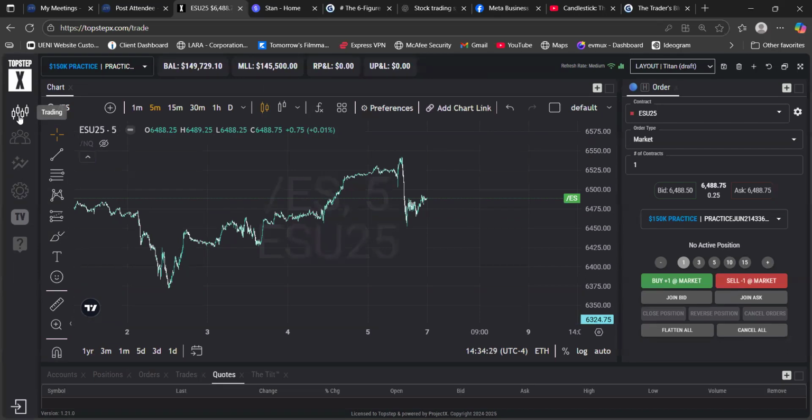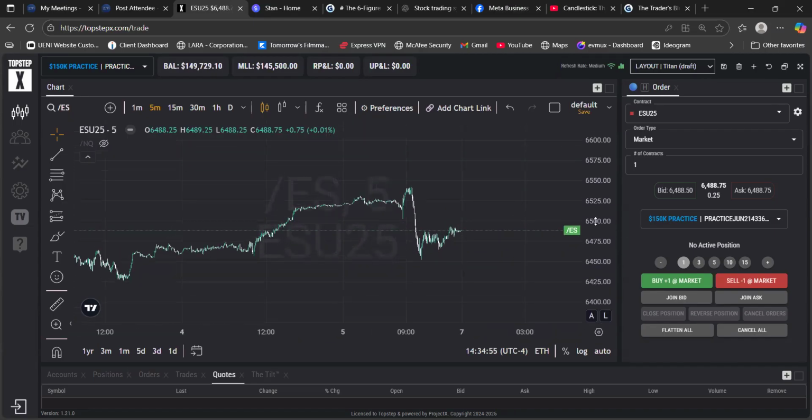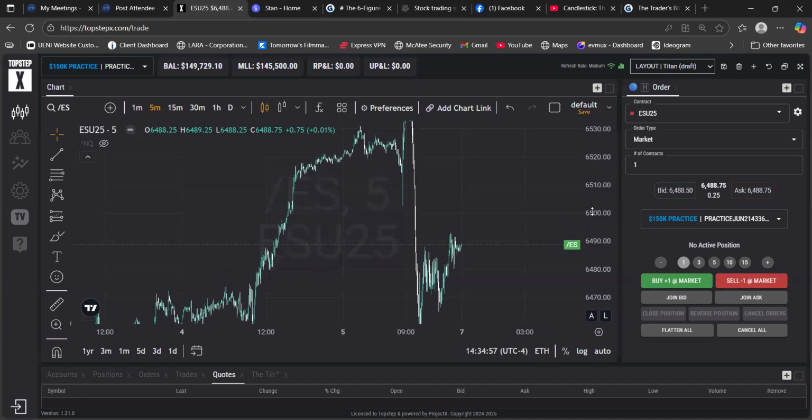Okay. So this is in general the TopStepX platform. We're going to show you how all of this stuff works click by click, day by day, as we continue throughout the class. This is going to be the main tool that you're going to be using to buy and sell in the market. But once you understand what's going on, you understand how these candlesticks move, then you will be in a better position to follow along in the morning signals group.